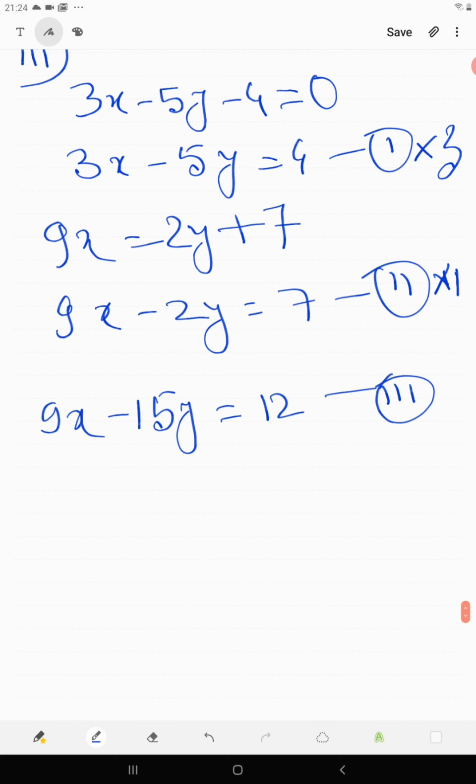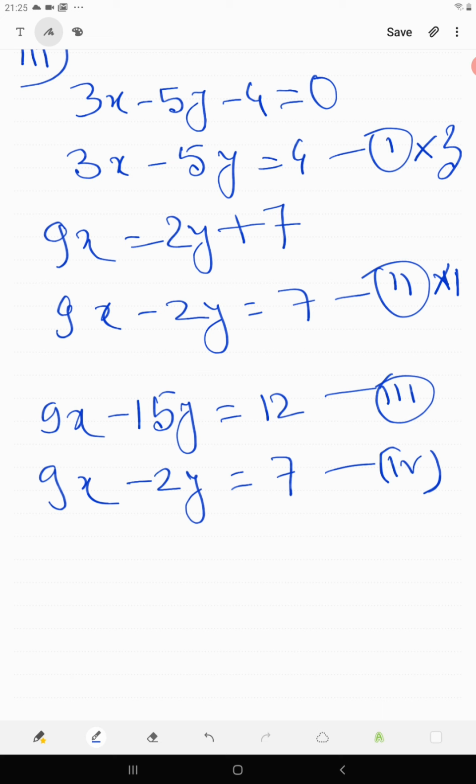Now let's do the second one. So 9x into 1 is 9x minus 2y equals 7. Anything you multiply with 1, you get the same thing. If you want to write this as equation 2 also, it's fine. But since we multiplied, I will write it as 4. There is no harm in writing 2 also, because we are just multiplying with 1 and getting the same equation. So if you wish, you can write 2 also, but let's write 4.